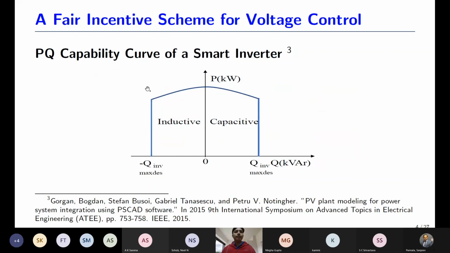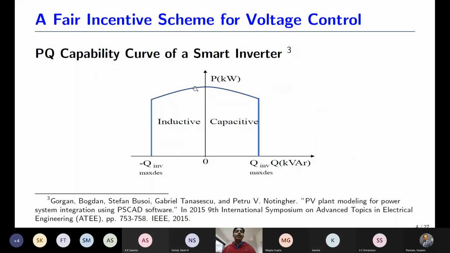And this diagram shows the PQ capability of a solar inverter. The positive side shows that when there is a low voltage scenario, the inverter can supply reactive power and avoid the low voltage scenario. Similarly, this is the negative side. When there is a high voltage rise scenario, the inverter can absorb reactive power and maintain the voltage.